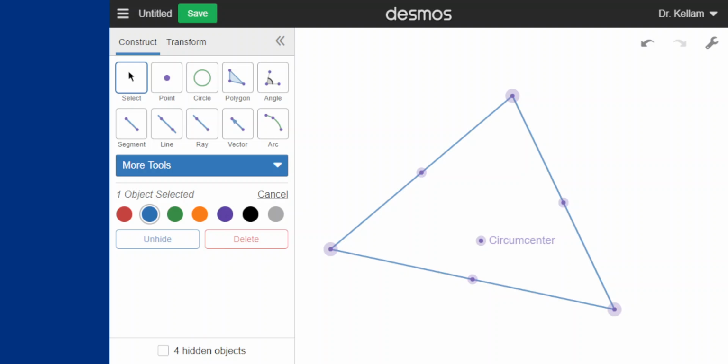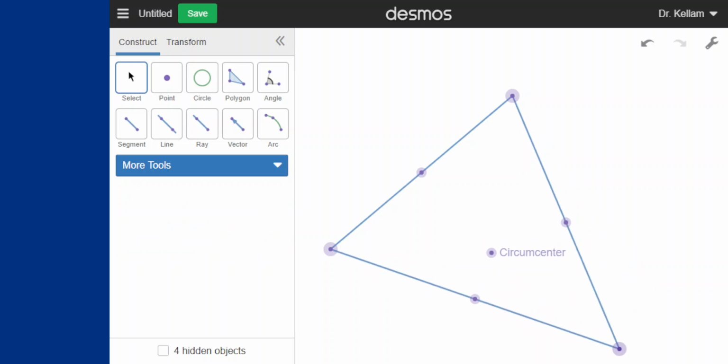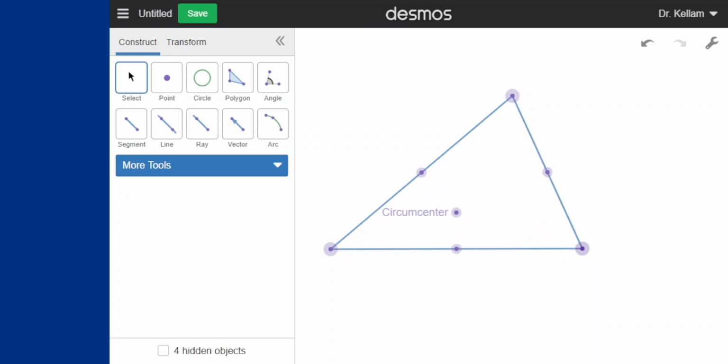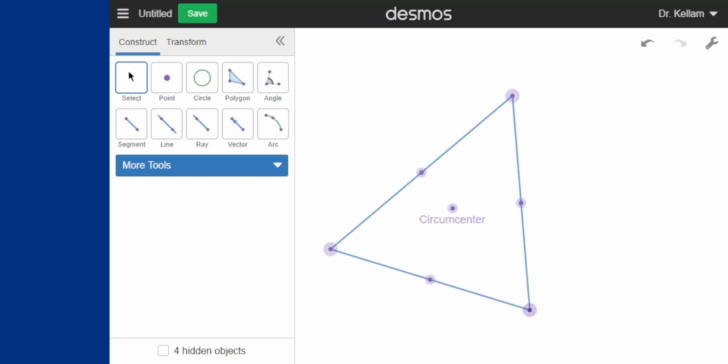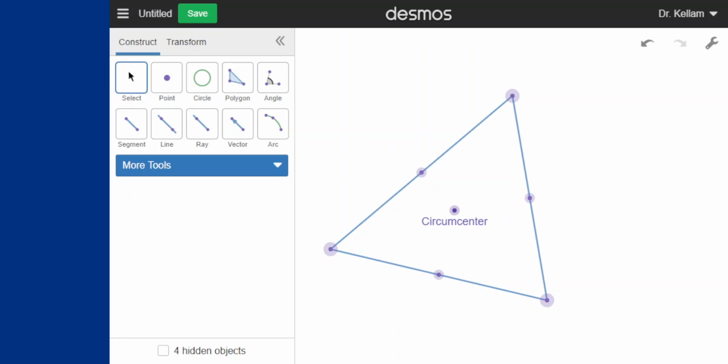So what this circumcenter is, and you can see it's still attached to the perpendicular bisectors, because as we move around, we end up with the same point here. I'm going to make 3 segments, and those segments are going to go from that point to the vertices of the triangle. So from the circumcenter to the vertices of the triangle.